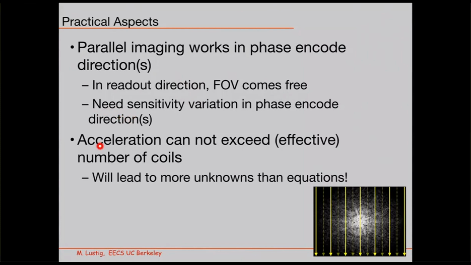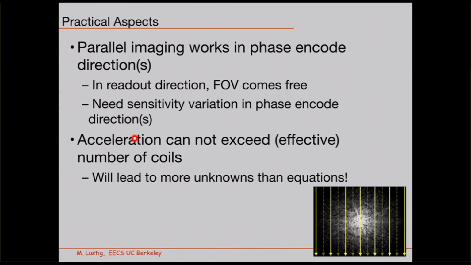And so the amount of acceleration cannot exceed the effective number of coils. What I mean by effective number of coils is, you might have 4 coils, but they might not vary in the same degrees of freedom, like 4 orthogonal functions along the phase-encode direction.